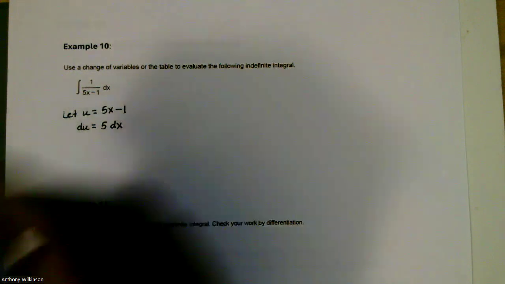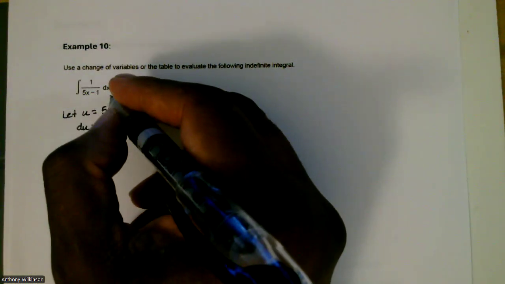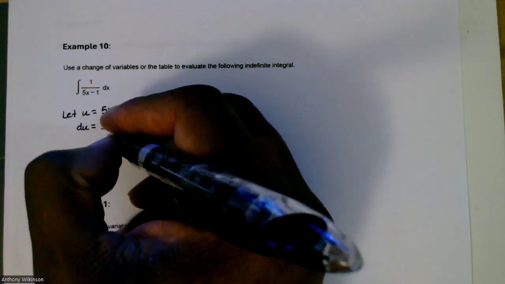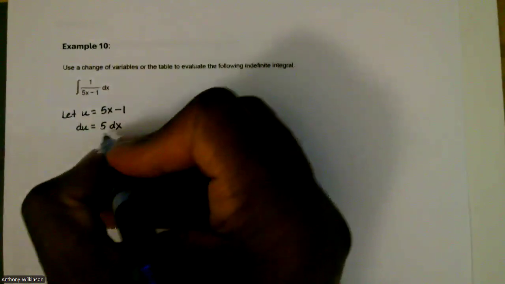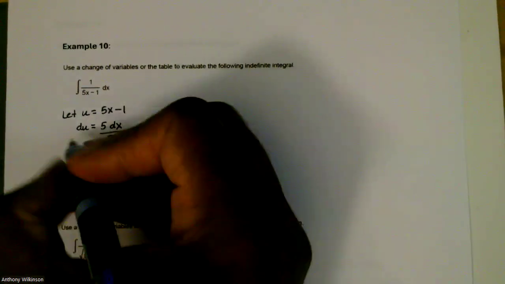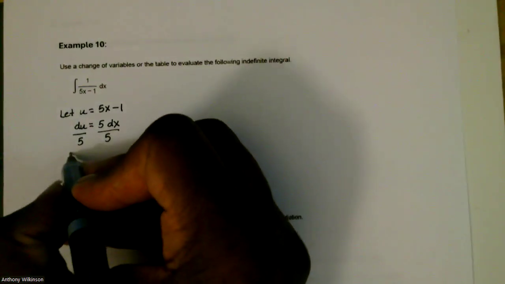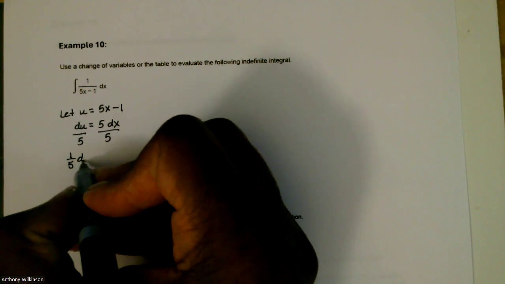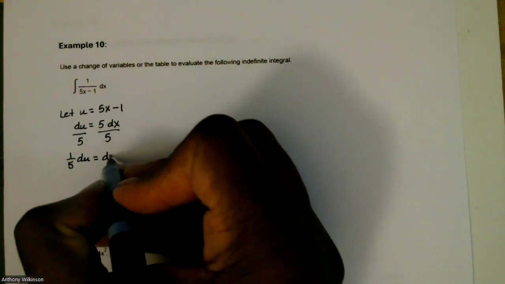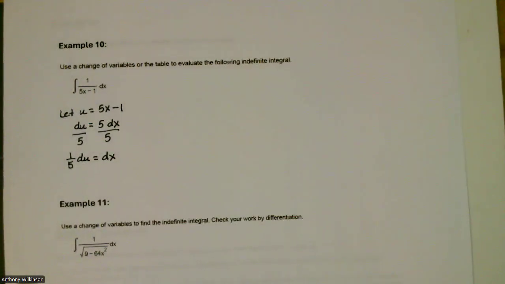Well, I got a 1 dx, but here I just want a dx. So I need to go ahead and divide both sides by 5 so I can do the correct substitution. That means I have 1/5 times du is equal to dx. Okay, so now let's make our substitution here.